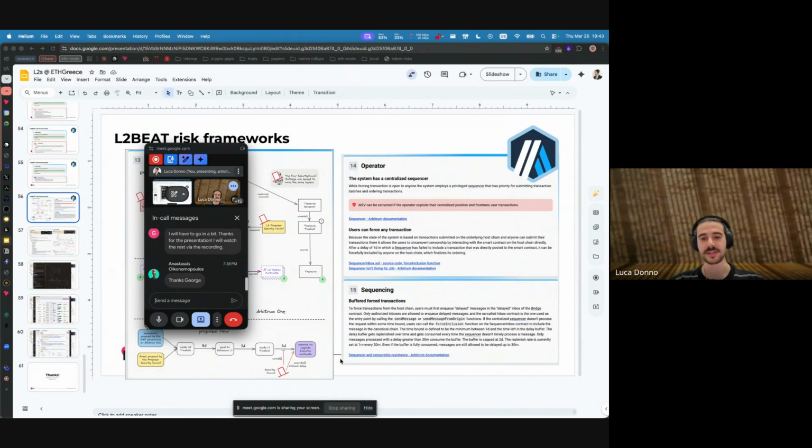It's a short paragraph. There is also a link to Arbitrum documentation. But basically, the idea is if you solve ordering and if you solve censorship by other means, you don't need to have your own decentralized validator set. So in practice, Arbitrum has one single operator that does the sequencing of transactions. But even if this single sequencer gets malicious and starts to censor you, you can bypass the centralized sequencer's censorship by using this forced transaction mechanism.